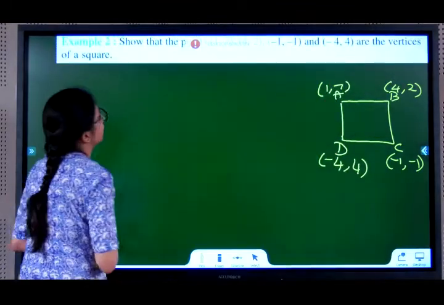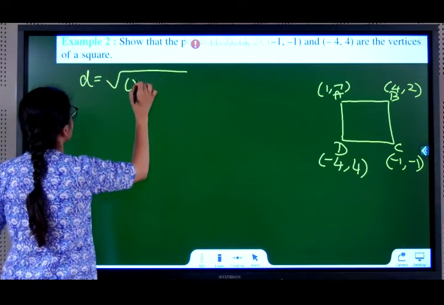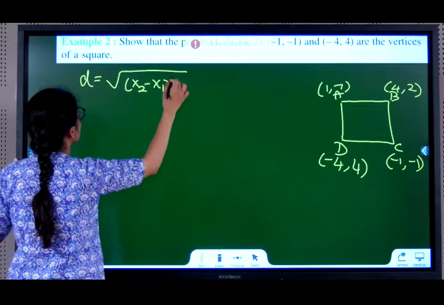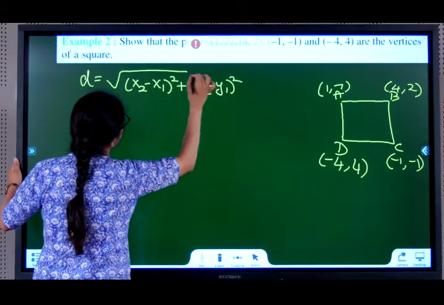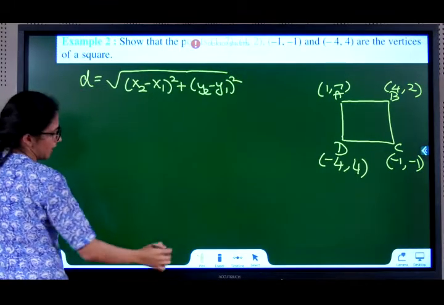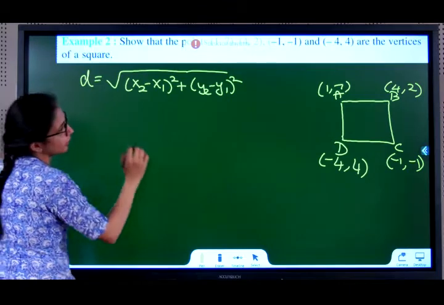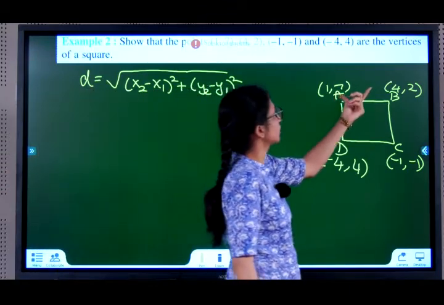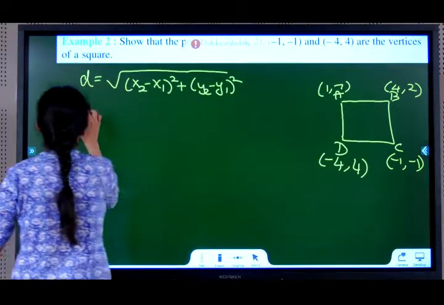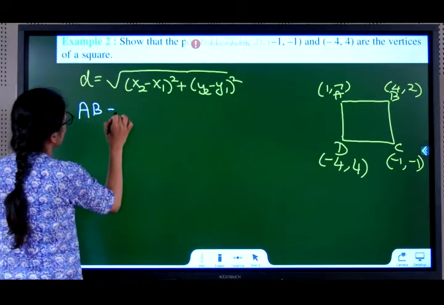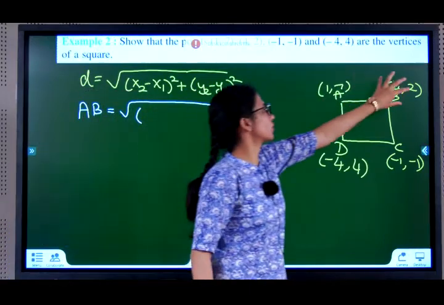Okay. So the distance formula is given as root of (x2 minus x1) the whole square plus (y2 minus y1) the whole square. We already know this. You can interchange x2, y2, x1, y1, you will get the same answer. So find the distance of each side. First we are doing AB. Root of, I will take this as x2, y2, x1, y1.